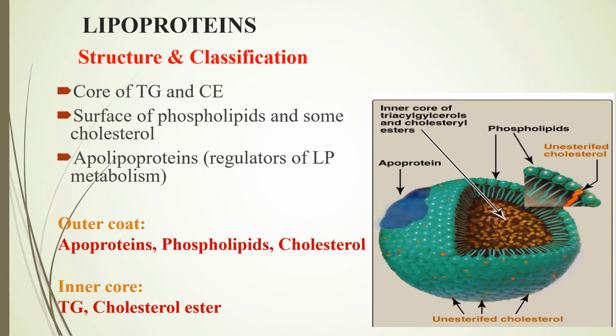For the structure and classification of lipoproteins, and as depicted from the figure shown, lipoproteins are formed of a core of triglycerides and cholesterol esters, which are non-polar hydrophobic, so they are present in the core, and a shell that mainly contains phospholipids and some cholesterol, which are polar and confer some hydrophilicity.